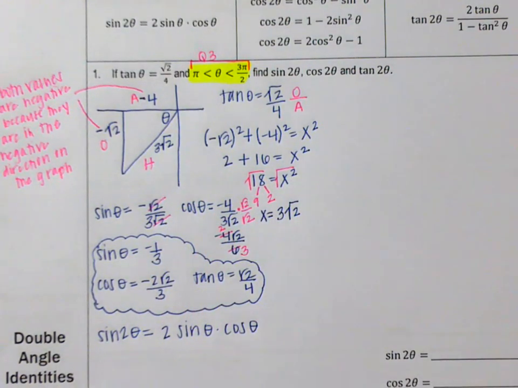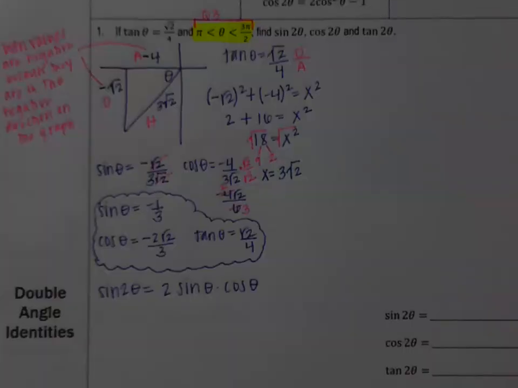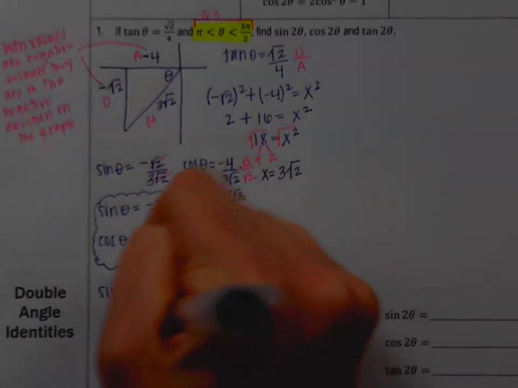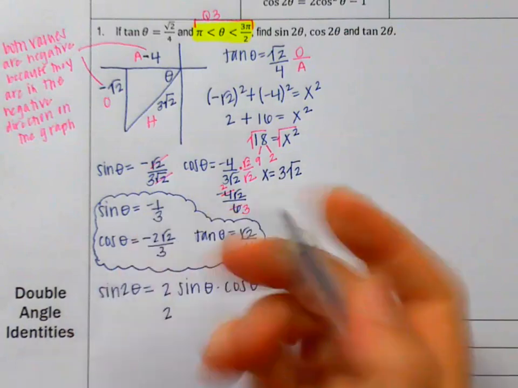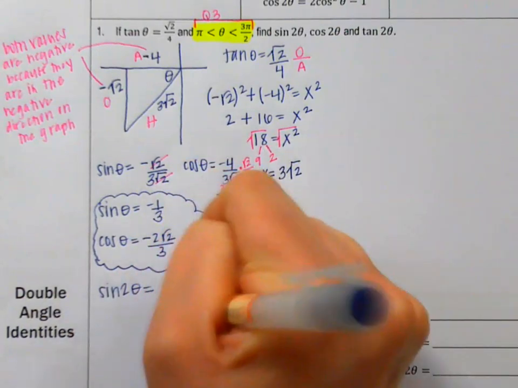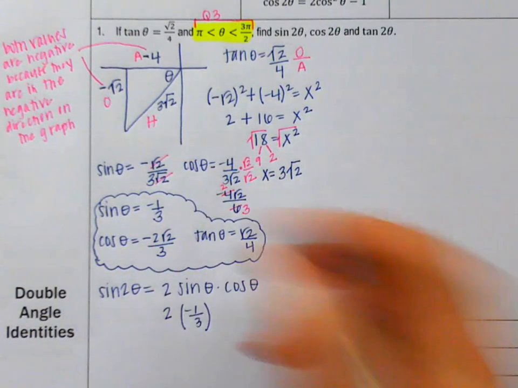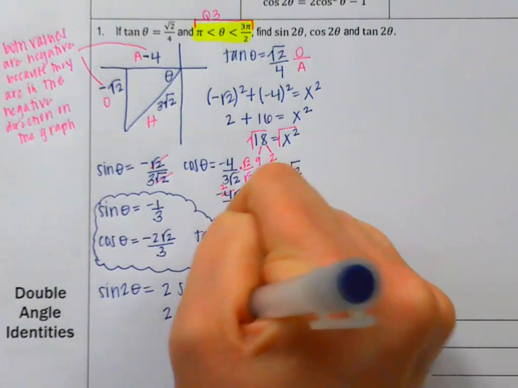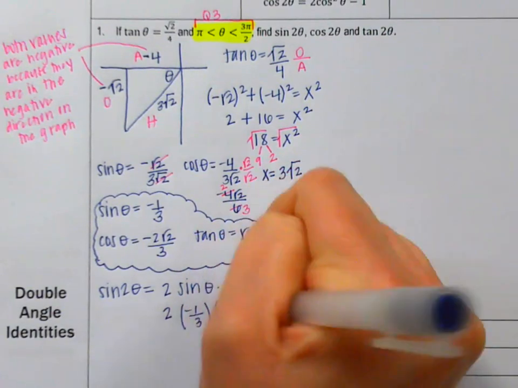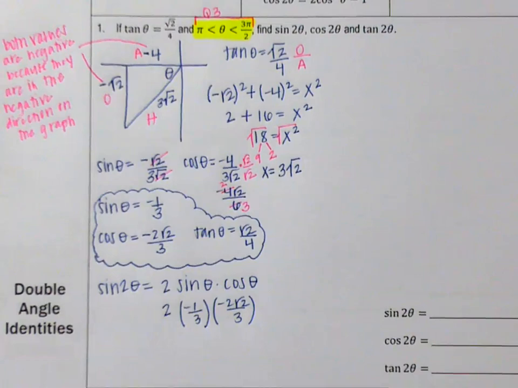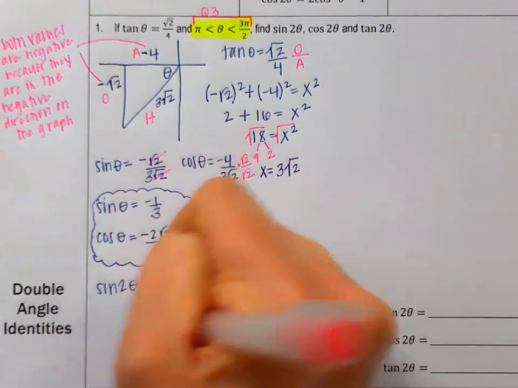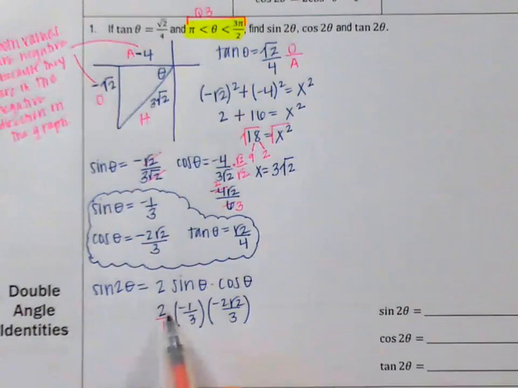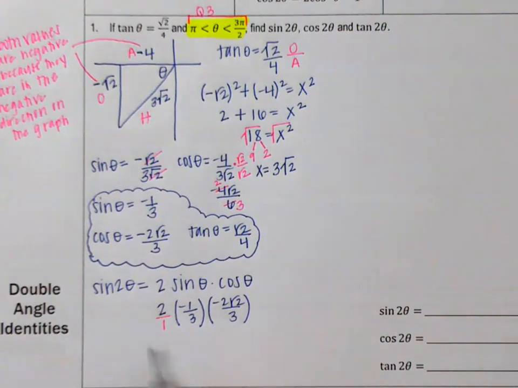I'm simply going to plug in what I have. 2 stays as is. Sine theta we figured out was negative 1/3, and cosine theta was negative 2 rad 2 over 3. When I'm multiplying, you can think of that as 2 over 1. You multiply the tops together and the bottoms together.